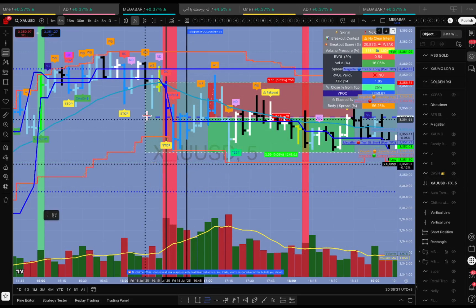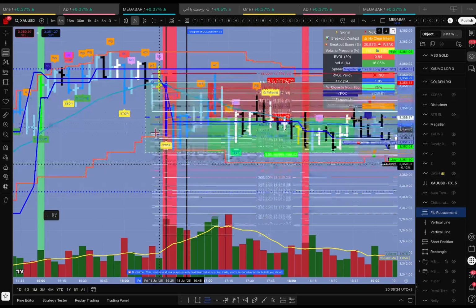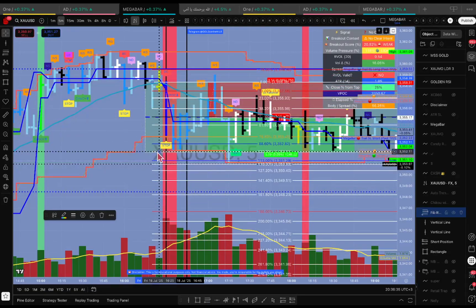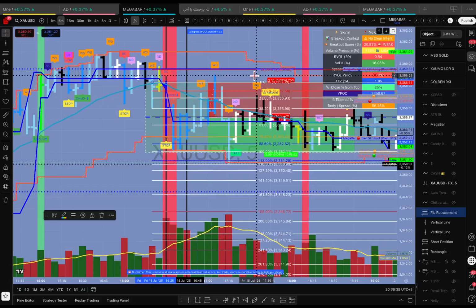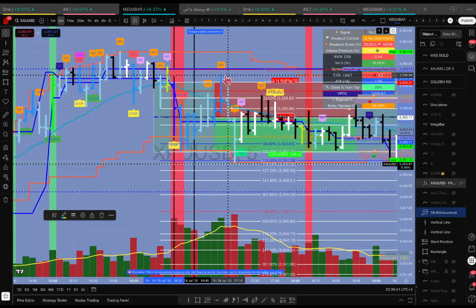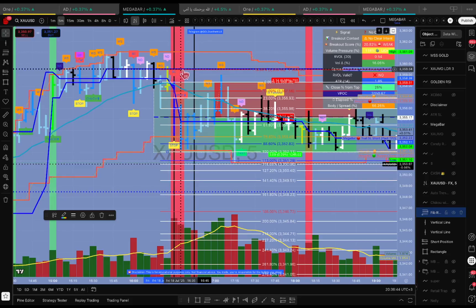Let's see my Fibonacci. And here's the trade. Where did he go to? Did he cross the 18%, negative 18%? No, he didn't. Did he cross the high of that bar? No, he didn't. Of the previous bar? No, he didn't.